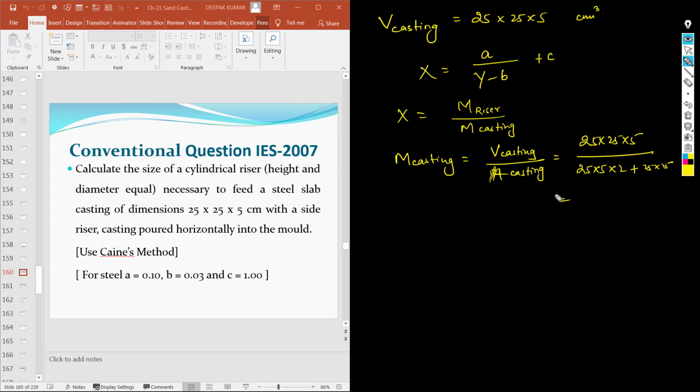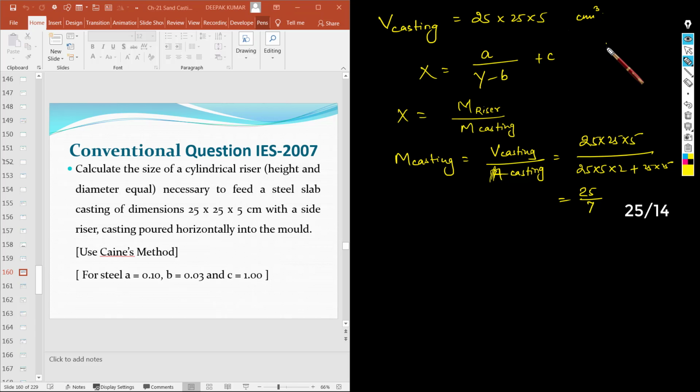This is 25 by 7. We got this. We need to find out the modulus of riser.